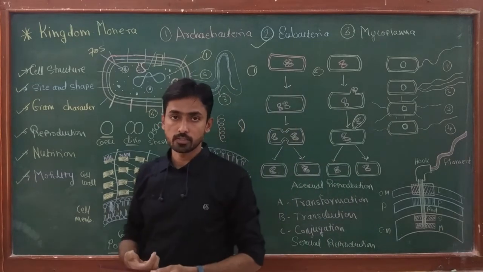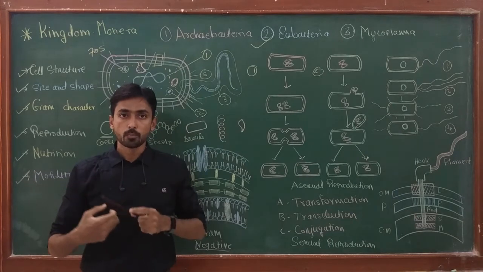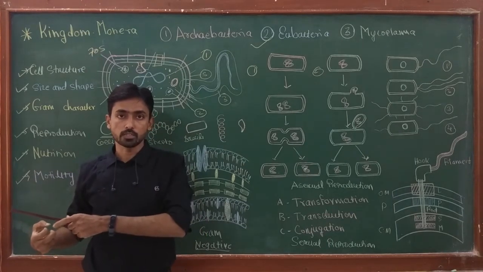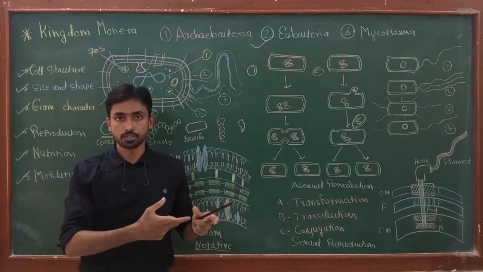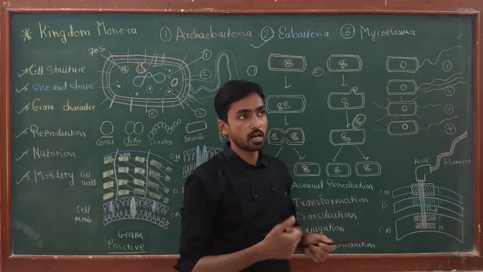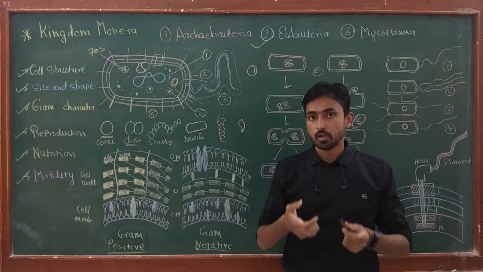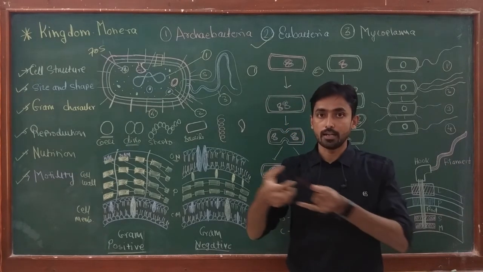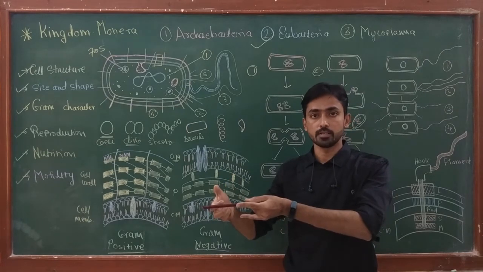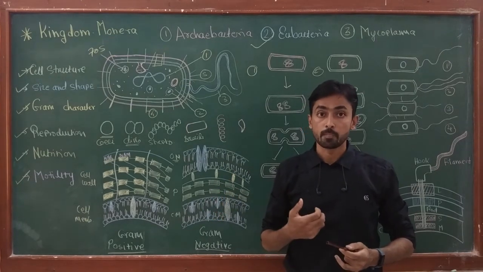Sometimes aerotaxis or oxytaxis also occurs, in which bacteria move from a region of low oxygen concentration to a favorable oxygen concentration region. Another concept is phototaxis, in which bacteria move from a region of low light intensity to high or optimum light intensity, where bacteria can perform photosynthesis and prepare their own food material.